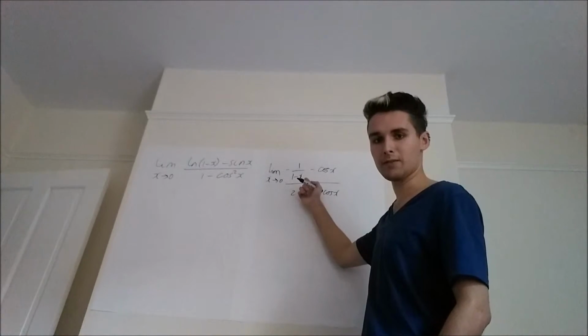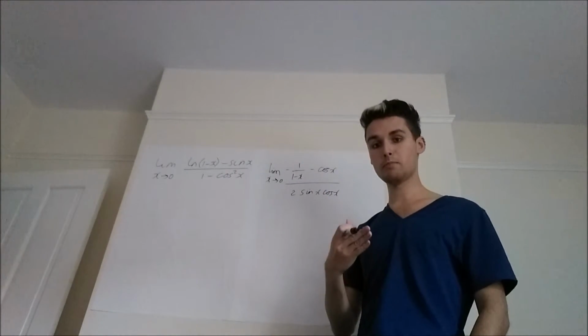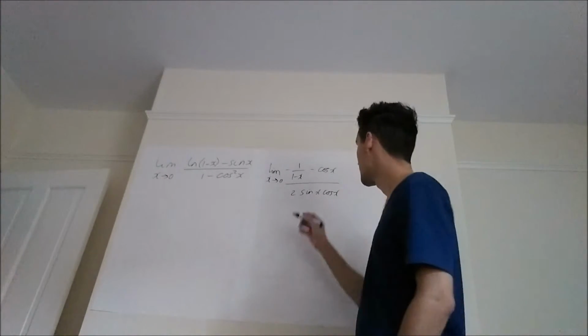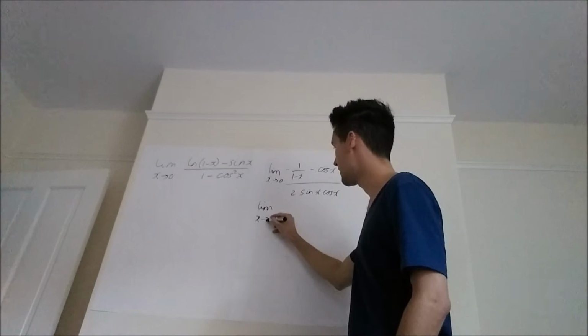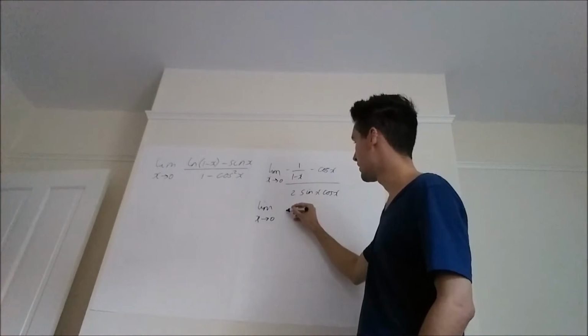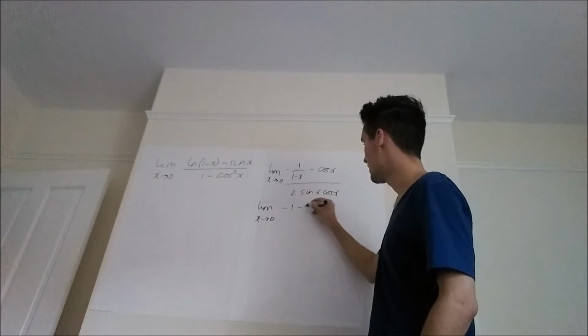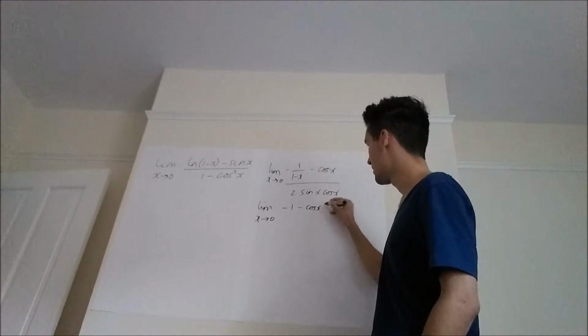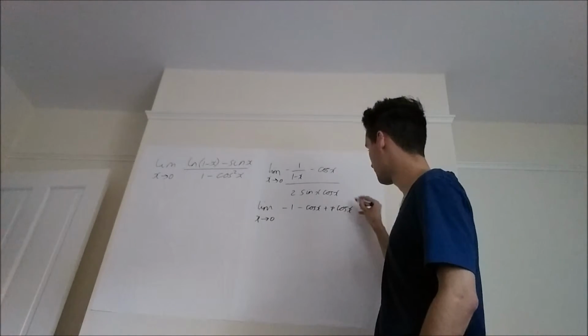I don't really like having these kind of nested fractions, so I'm going to times the top and the bottom by 1 minus x. So I've got the limit as x tends to 0 of, that's going to be minus 1. This thing over here is going to be negative cos x plus x cos x.